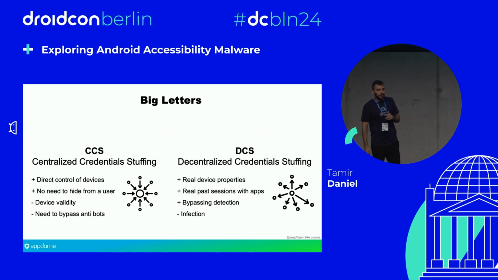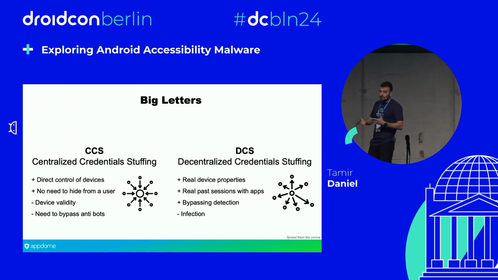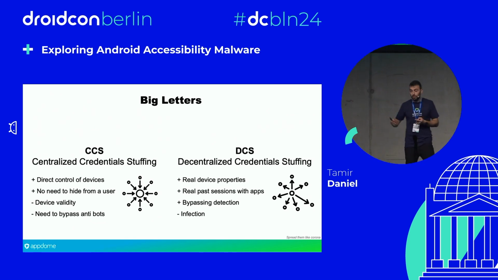The first one, in today's world, most Android apps have emulator detection, and this attack will fail. And the second one, a simple anti-bot measure, such as limiting the number of connections from a single IP, will block this. This is good for a simple server, not a banking account.